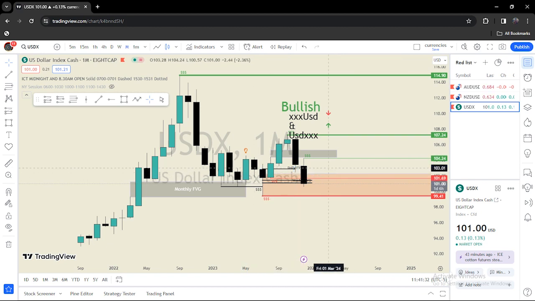The dollar index kind of respected it and came back. So I felt like we're bullish on the dollar index. If the dollar index is bullish, that means all the currencies, like the Australian dollar and New Zealand dollar, are going to be bearish. So the first week of December we were bullish.